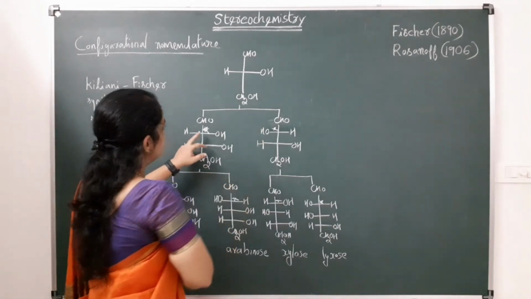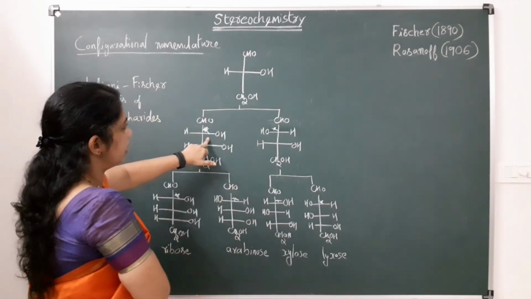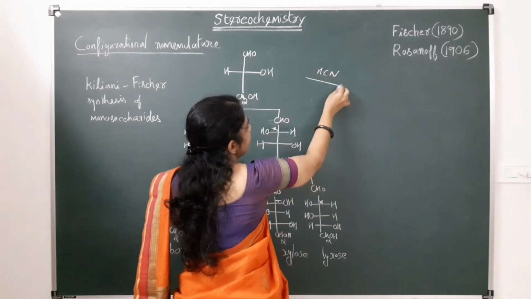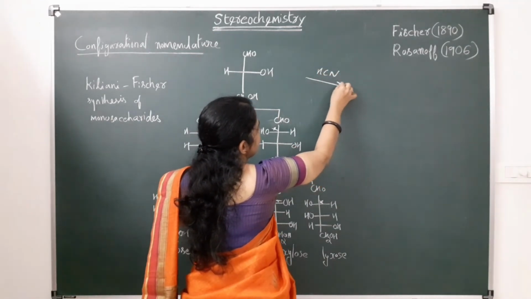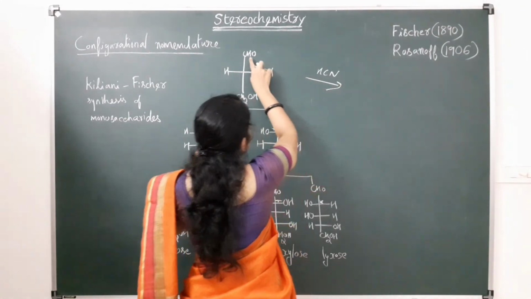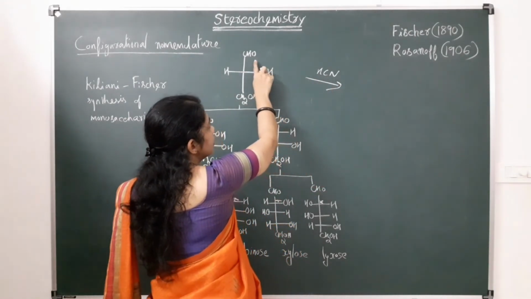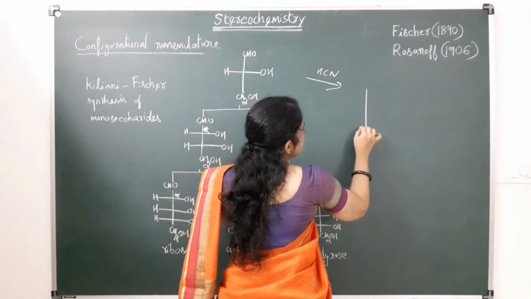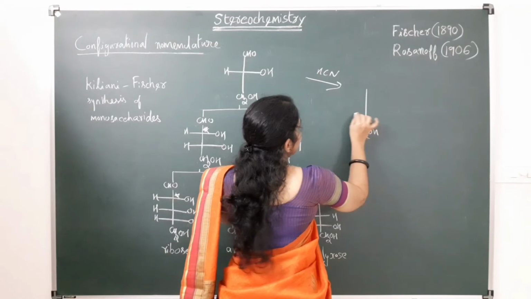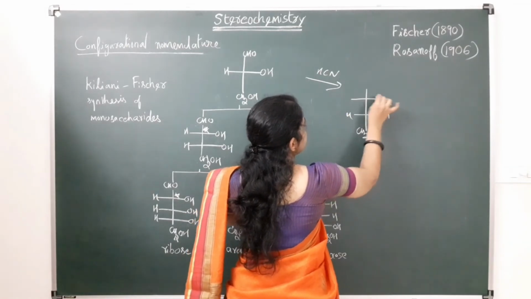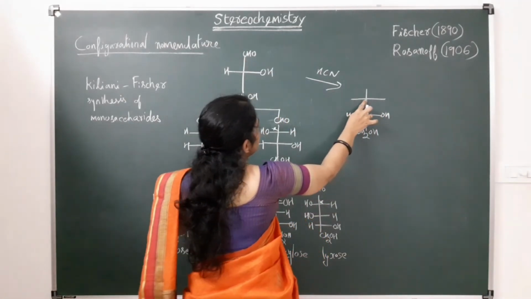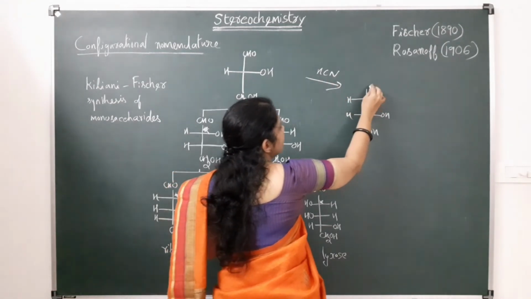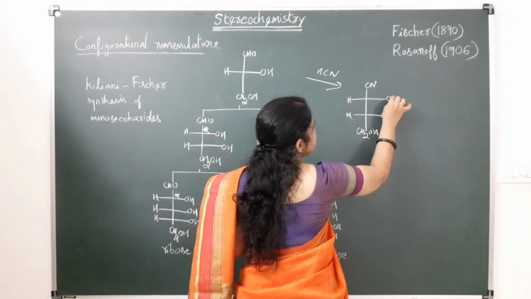And how is this new asymmetric carbon atom formed? This compound reacts with HCN, hydrogen cyanide. What happens? This is a carbonyl addition: the CN adds to this carbonyl carbon of the CHO, so it becomes CH2OH, HOH, H, and CN, and here comes OH.